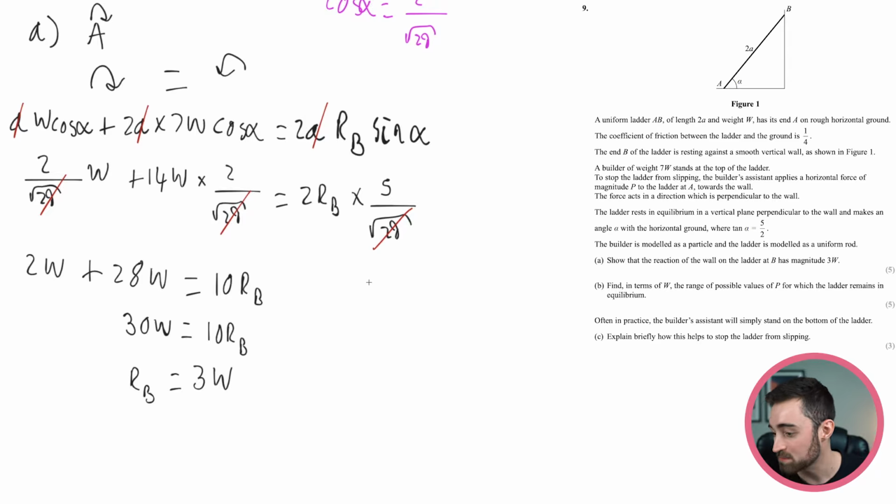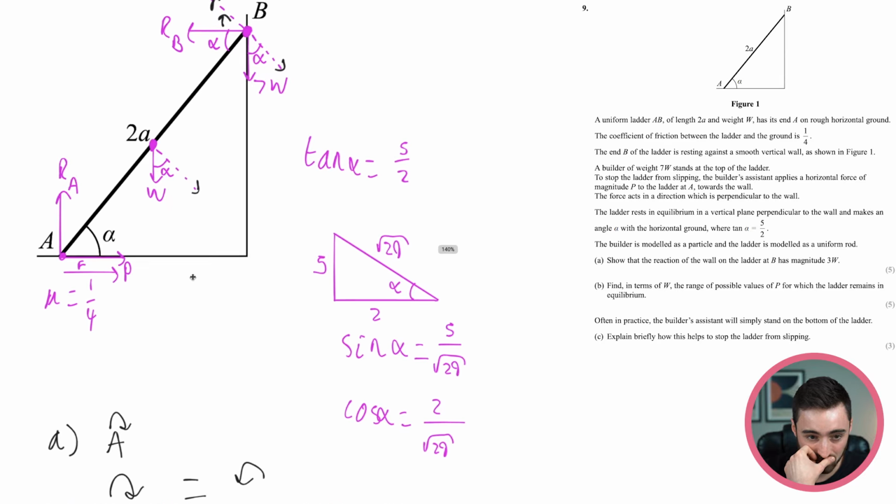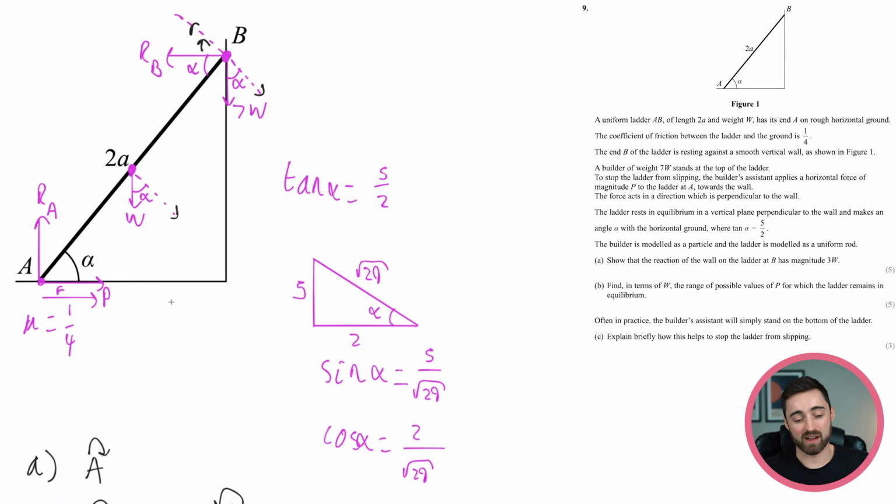Okay, find in terms of W the range of possible values of P for which the ladder remains in equilibrium. This is going to be pretty horrible, isn't it? Right. Okay. Let's have a think. Back to the diagram. Obviously, if P... Right, this is interesting, and this is to do with the direction the friction is going in.